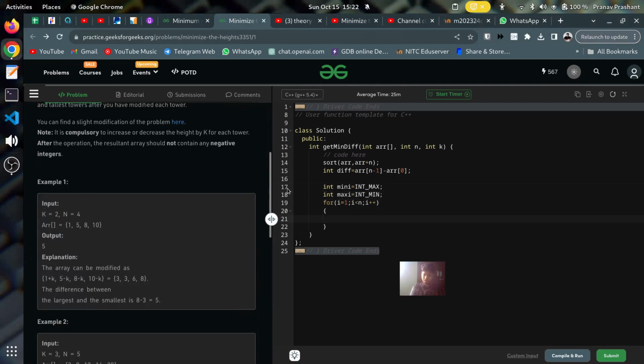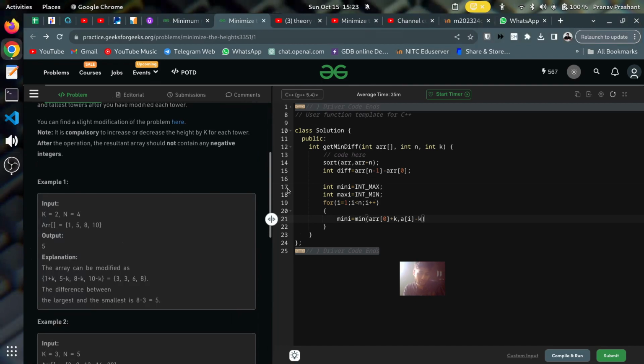Having done that, mini will be the minimum of 0 plus k, because the smallest element we are adding k to, and for all the other elements, a of I minus k.